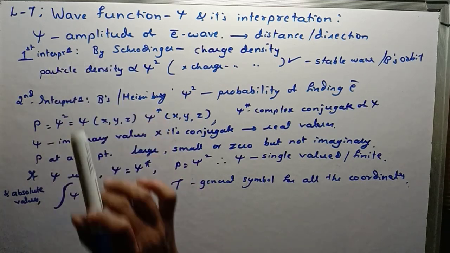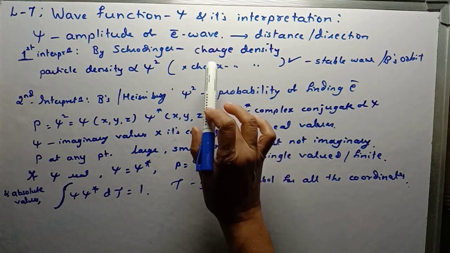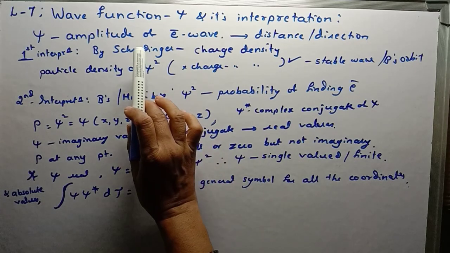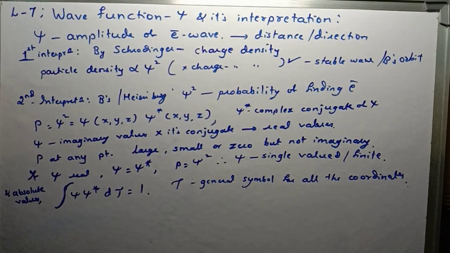Under the first interpretation, given by Schrodinger, he explained in terms of charge density. If psi is the amplitude of the de Broglie matter wave at any point in space, then the particle density is directly proportional to the square of the wave function.